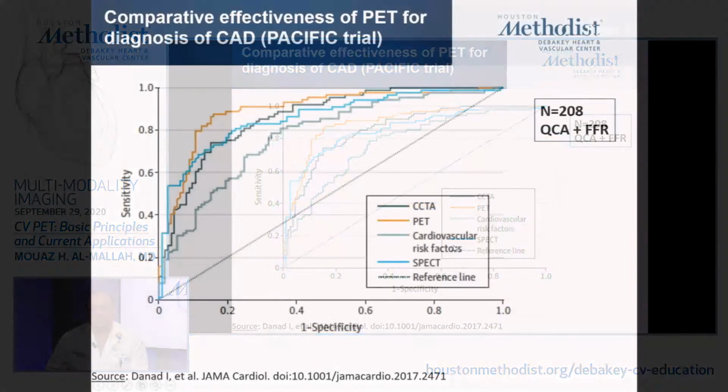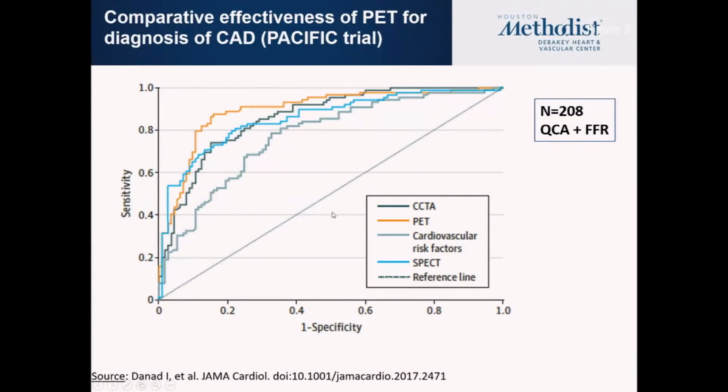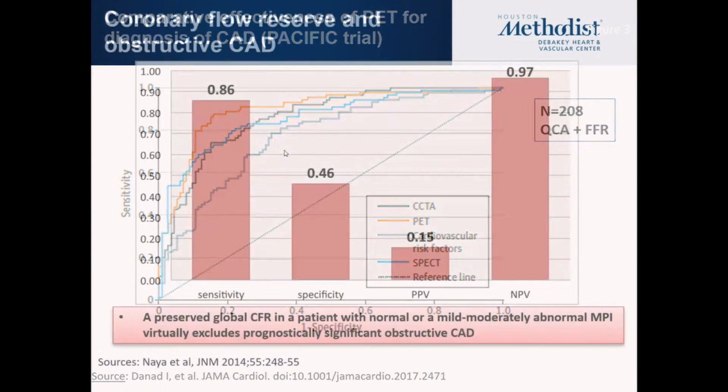So they just got the flow data, and that flow data alone was better than all the other comparators that were seen. It was the highest accuracy for diagnosis of obstructive coronary disease.